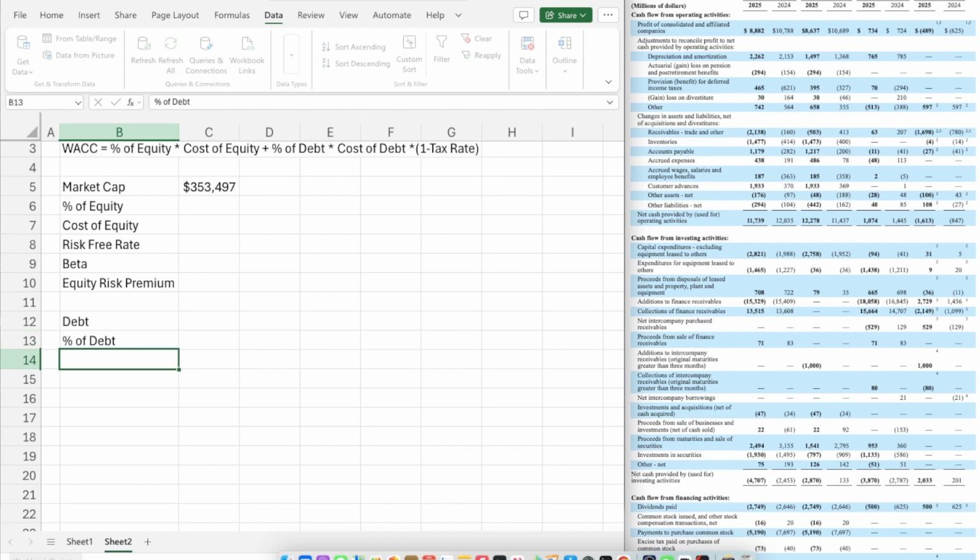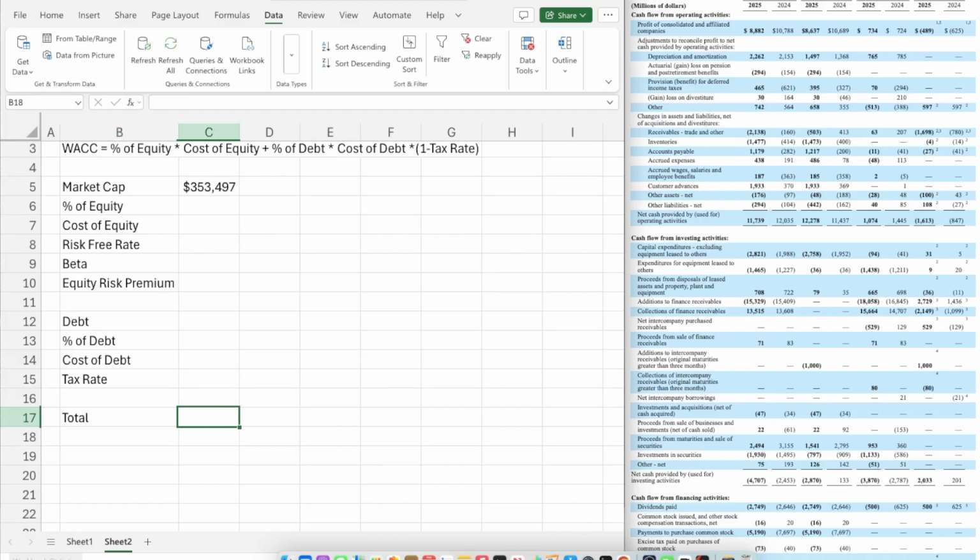Percentage of debt, we don't know that. The debt, we'll get off the balance sheet. Cost of debt. Tax rate, again, the tax rates are in the financial statement somewhere. Can't remember what page though. This will be the total of the market cap and debt.